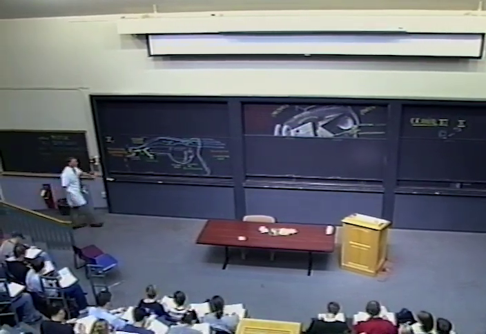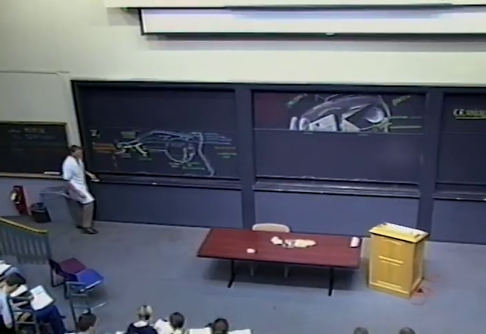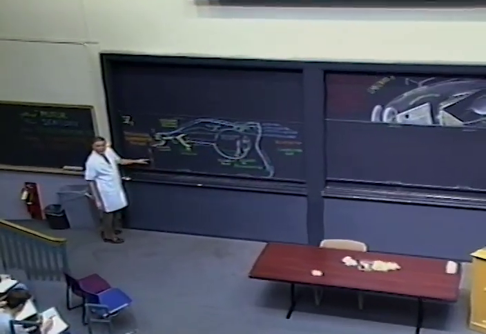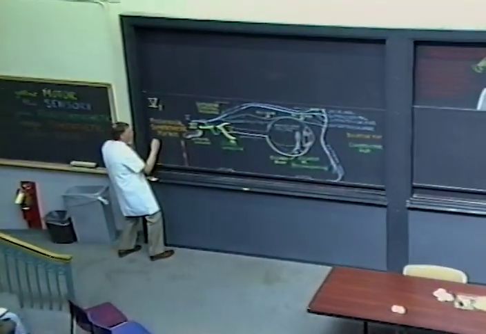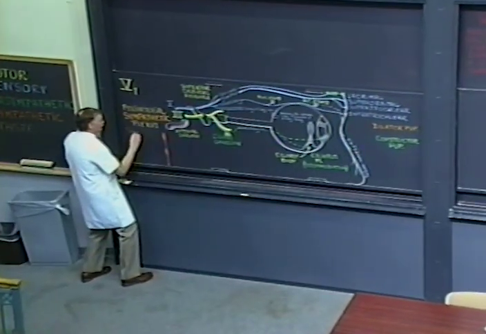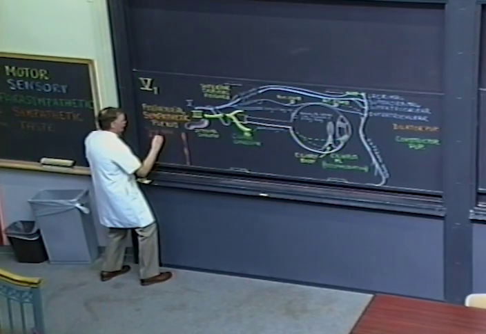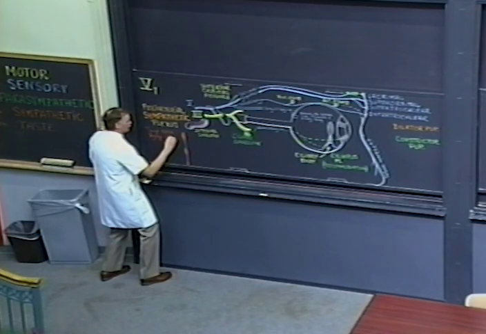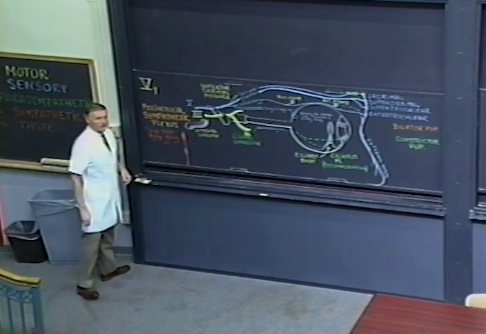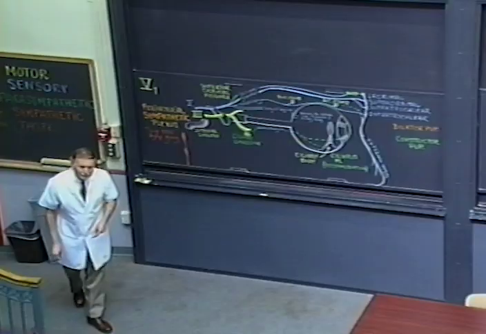They ascend in the neck as the cervical sympathetic trunk, and then at the superior cervical sympathetic ganglion is their last chance for synapse.